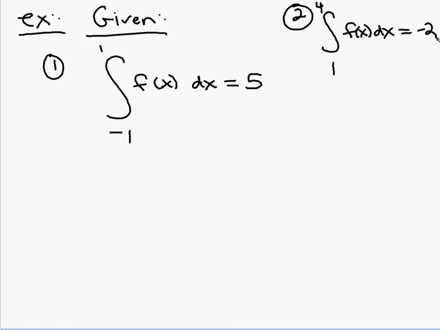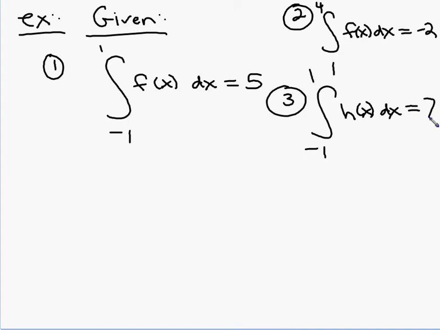And one more piece of information they give you. They tell you that the integral from -1 to 1 of h of x dx equals 7.